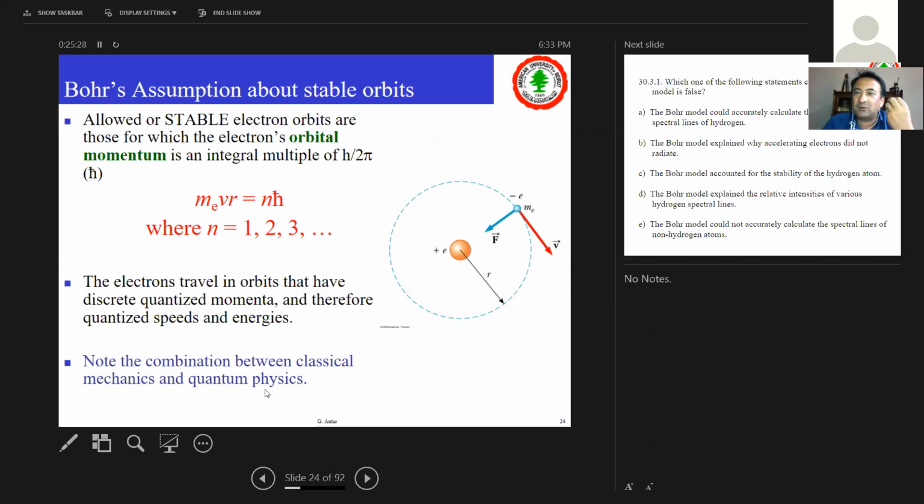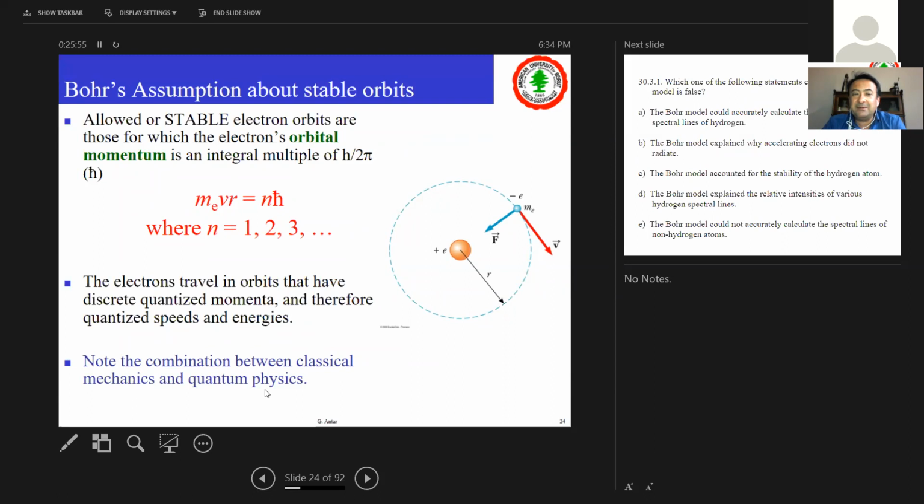Quantum mechanics is about quanta, about quantization, about integer numbers, okay? And what Bohr said is that the stable electron orbits are those for which the orbital momentum, which is mvr, is an integer multiple of h bar, where h bar is equal to h divided by 2 pi. We have seen h is Planck's constant, okay?